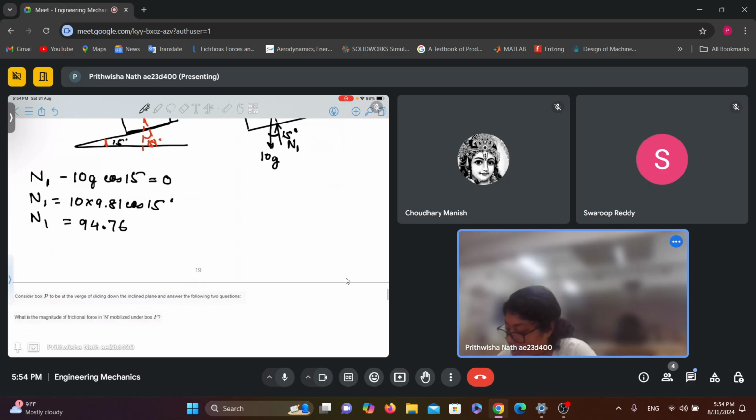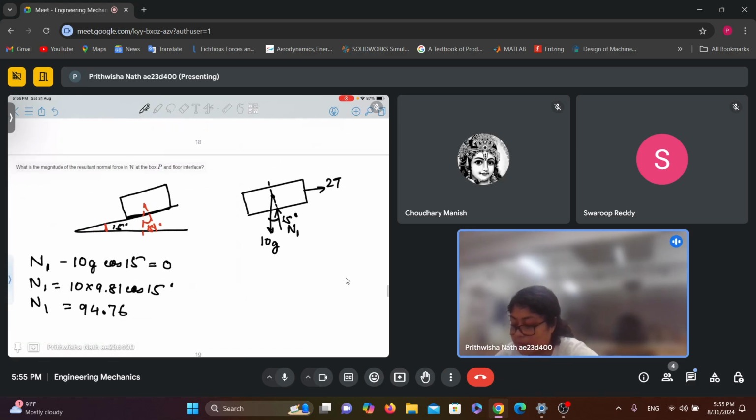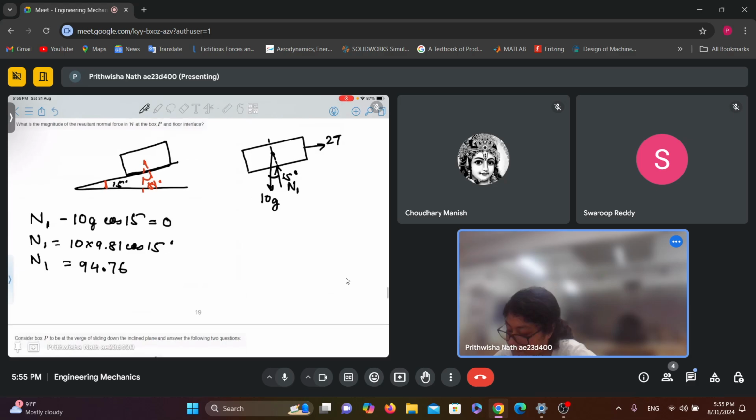Now the next part, consider box P to be at the verge of sliding down the inclined plane and answer the following two questions. So since it is mentioned that the box P is sliding down the incline, can you tell me in which direction is the frictional force acting? It's going down the incline.